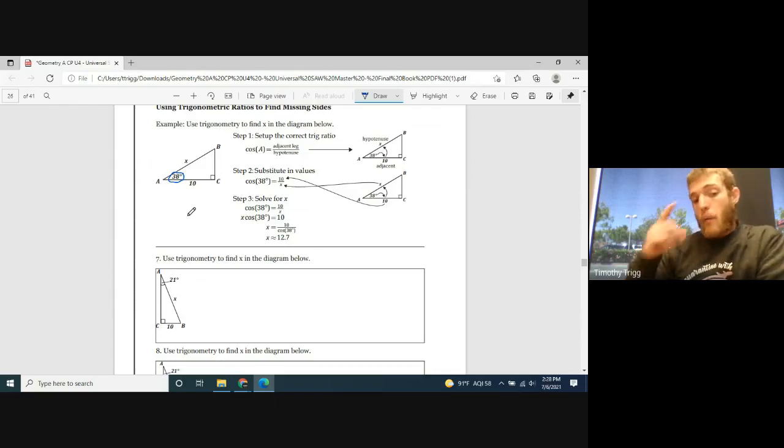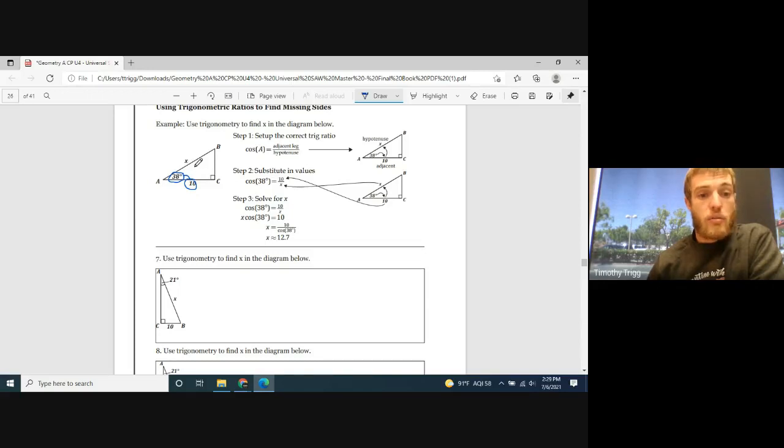Now from there, I want to think about, okay, well, the 10 and the x, what are these sides? Well, the 10 you can see is the adjacent leg. See how this side right here is adjacent to this angle? It's not the opposite, it's the adjacent leg. And we also notice that x is the hypotenuse.